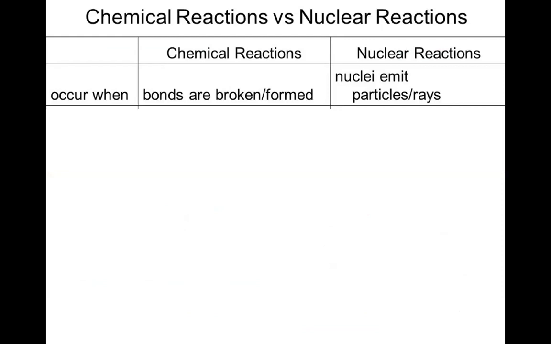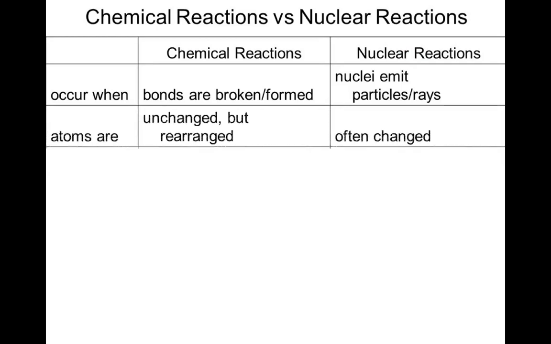But in nuclear reactions, there's no bonds between electrons. It's not two atoms that are attached by a bond. It's the nucleus, or nuclei in plural, that is going to release or emit either particles or rays, energy rays.